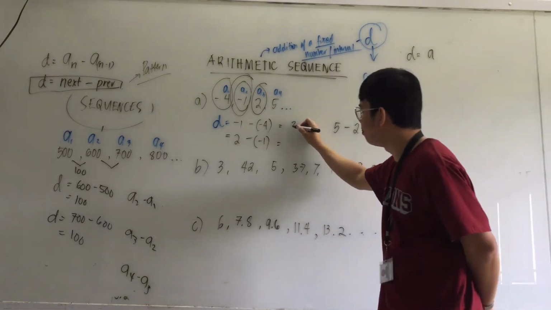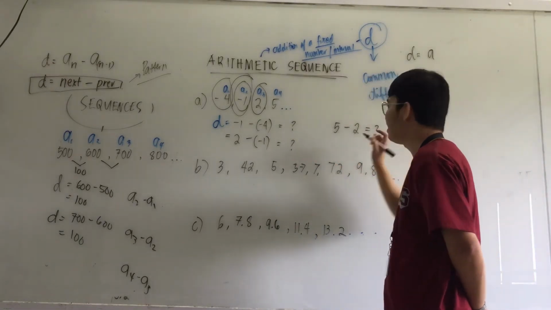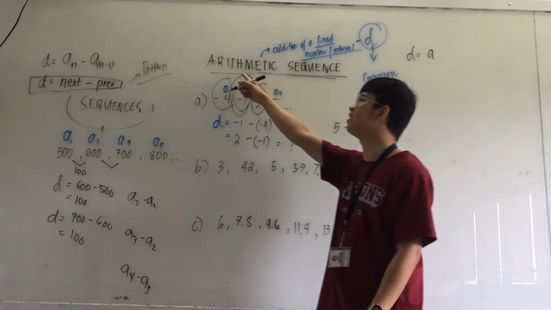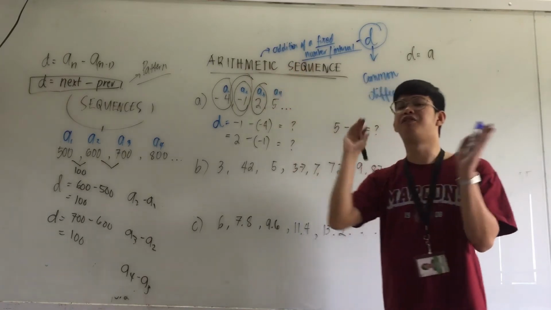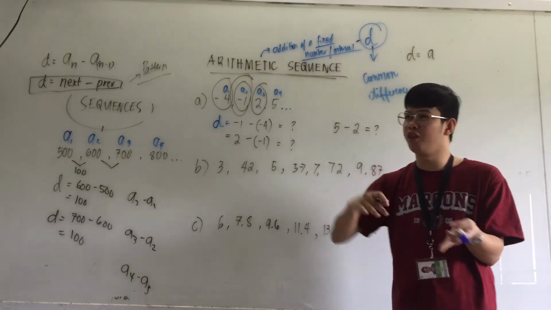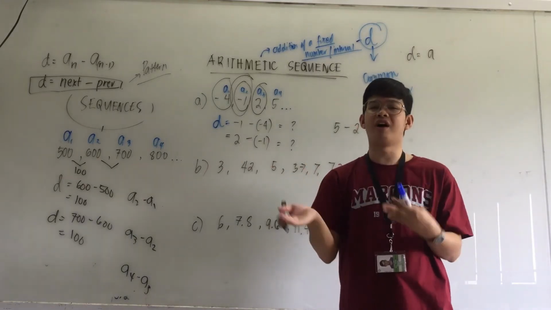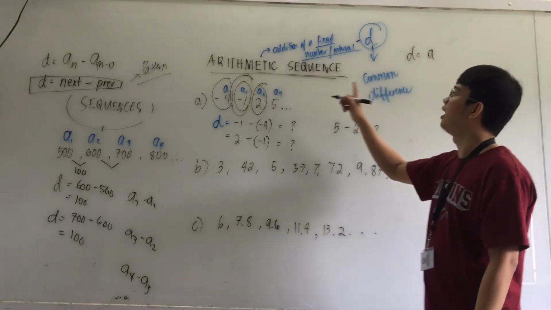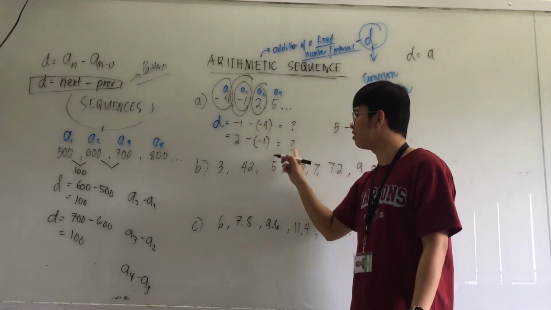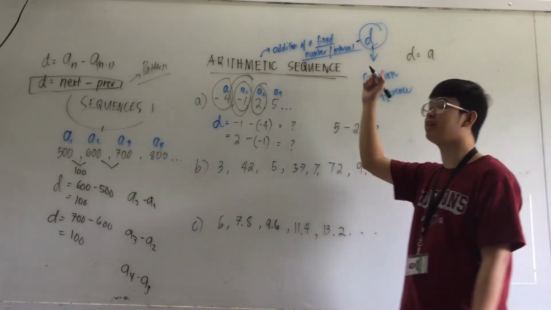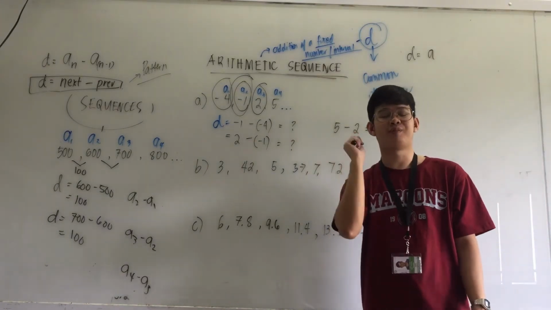If the numbers here are equal, we could say that it is an arithmetic sequence. If not, then it is not arithmetic. As simple as that. It could be other types of sequences, but not necessarily arithmetic. Again, we need to find if these will be equal for us to say that it is arithmetic. I hope you're getting my point.